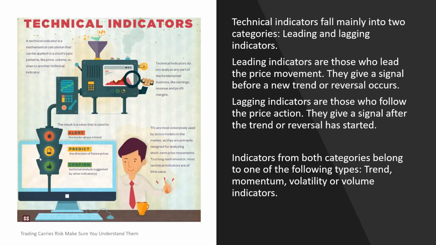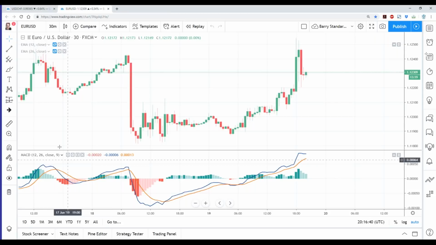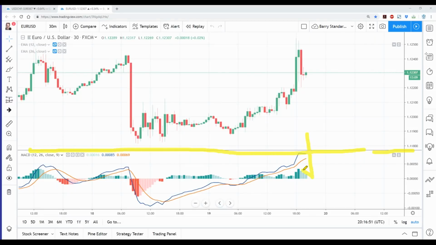So let's jump over to a chart here for a second. Technical indicators are usually found below the price chart, and most of these that are below the price chart are oscillators.